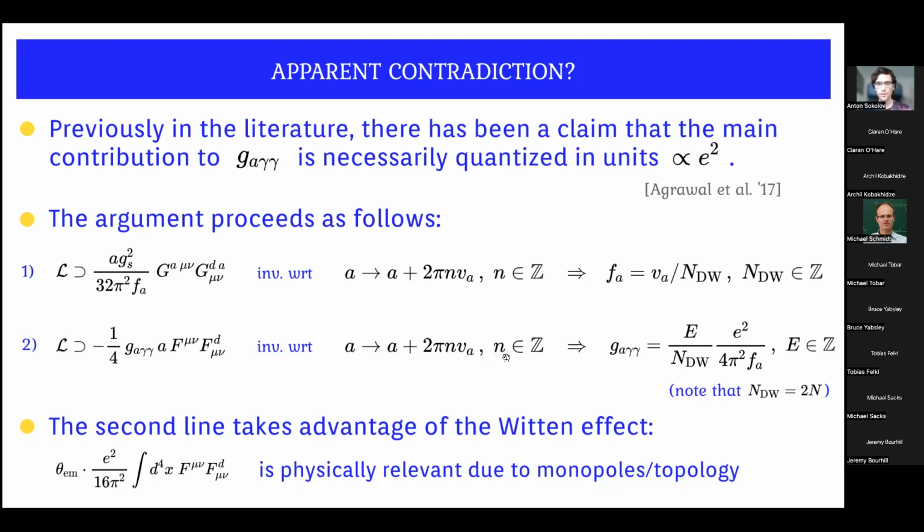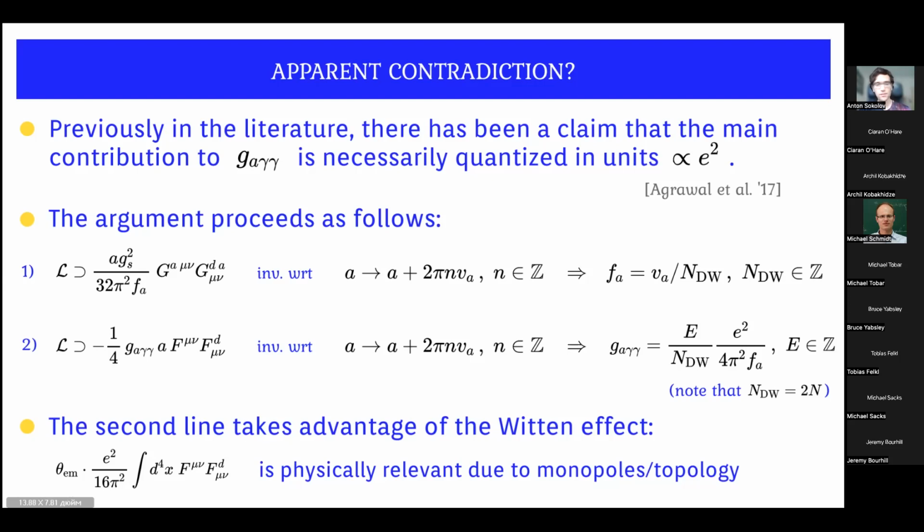And really, this argument takes advantage of the Witten effect, that the term theta F F dual in normal electrodynamics is physically relevant. Normally we say that F F dual is a total derivative, so this term is not physically relevant.